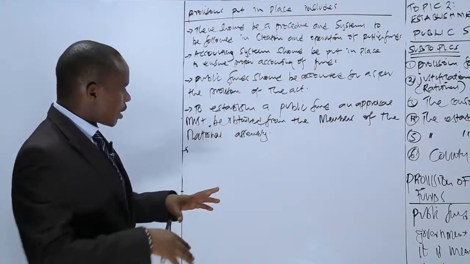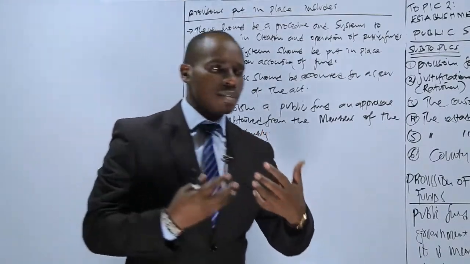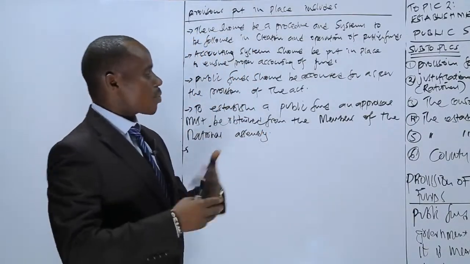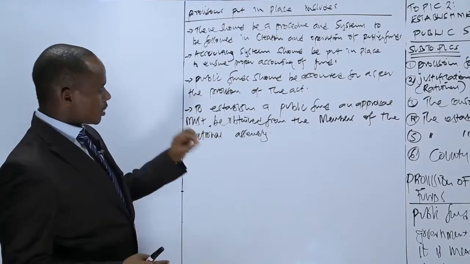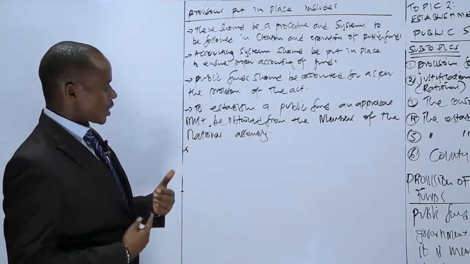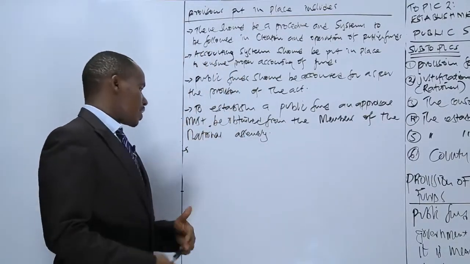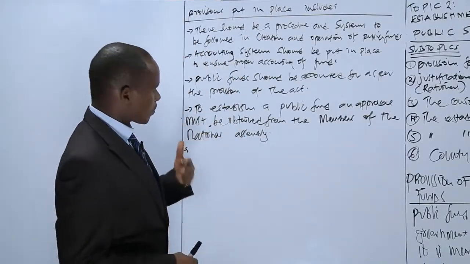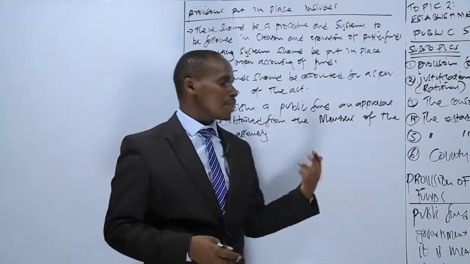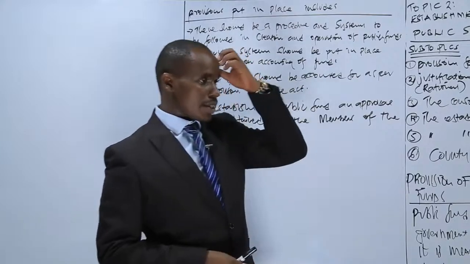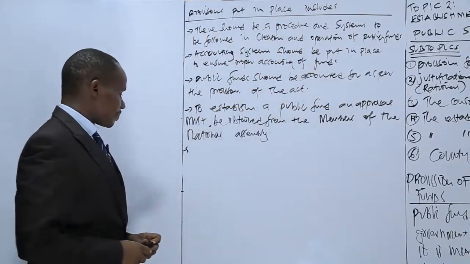Because the members of the general public may not be able to follow up what is happening on a day-to-day basis, we also need to ensure that any fund that is established, at least they have a take on it. We need to seek an approval from them, so that at least we can be guaranteed that that particular fund is meant to benefit the members of the general public.